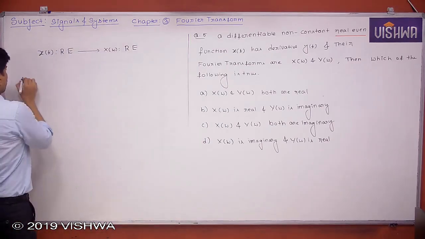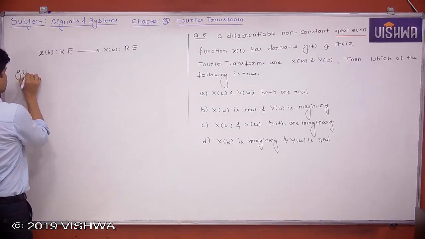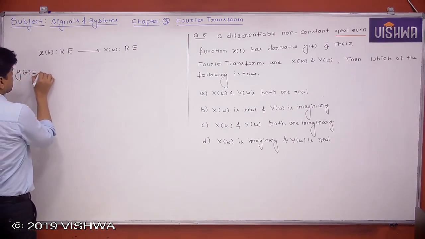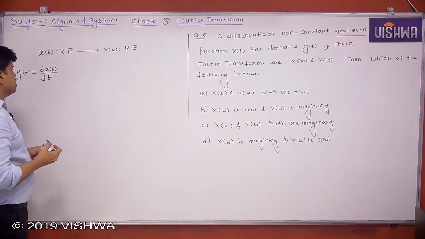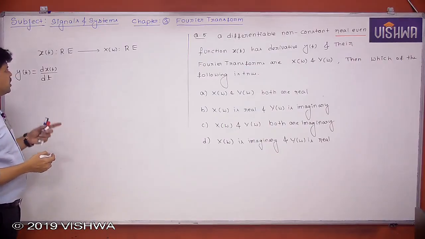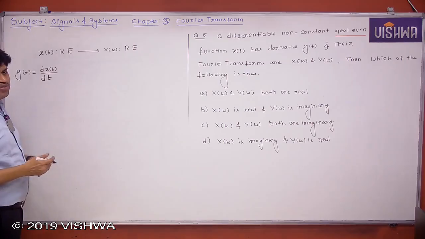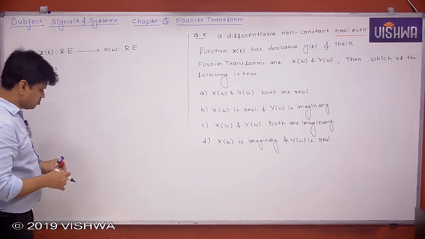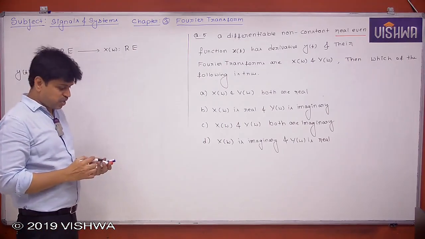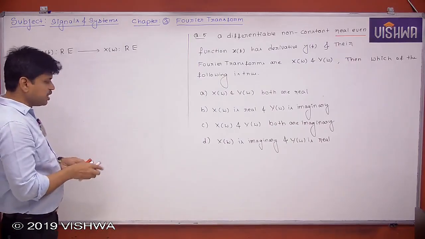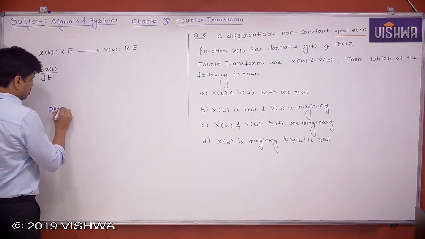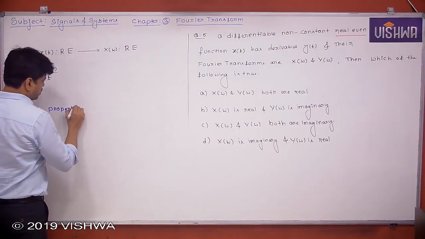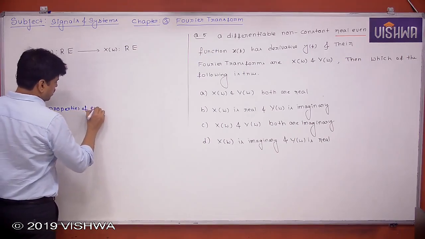Now what is y of t? It is nothing but dx of t by dt, the derivative of x of t. Now you tell me, if I differentiate a real and even function, what am I going to get? That is nothing but a real and odd function. From the properties of even and odd functions, what are they saying?